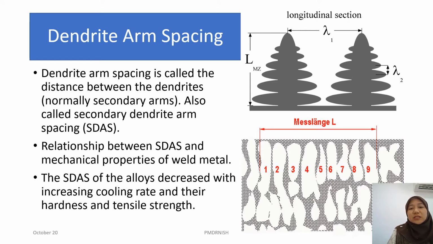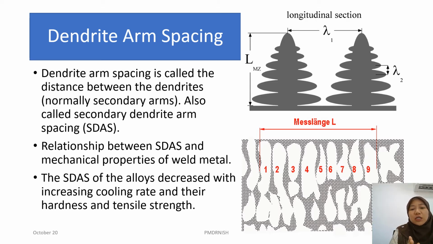Relationship between secondary dendrite arm spacing and the mechanical properties of weld metal. The size of the dendrite arm spacing has a relationship to mechanical properties such as strength and hardness. The secondary dendrite arm spacing of the alloy decreases with increasing cooling rate, and hardness and tensile strength will also increase.